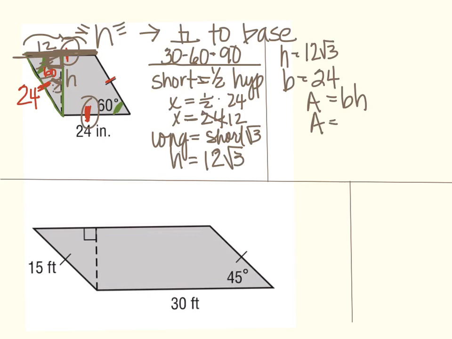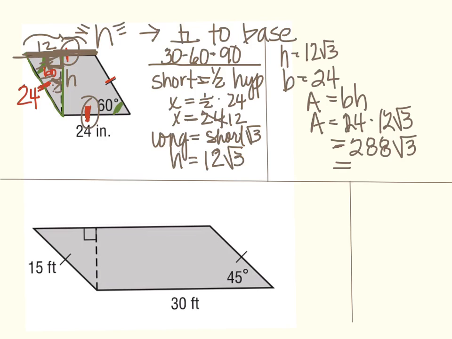Base is 24. Height is 12 square roots of 3. Now, I cannot multiply by the square root of 3. That's not 3. Get it in your brain. It's not 3. What's 24 times 12? 288. So all I have to put is 288 square roots of 3.